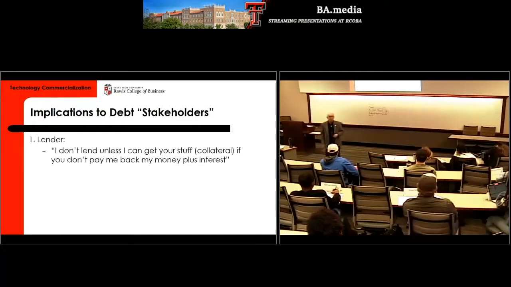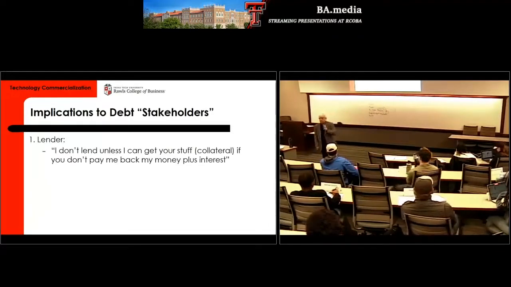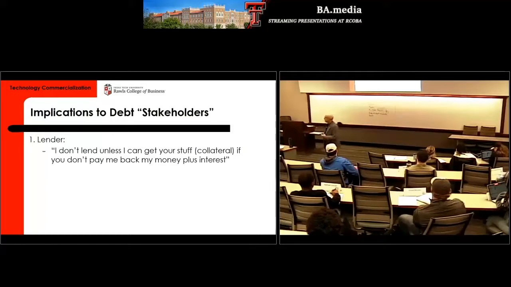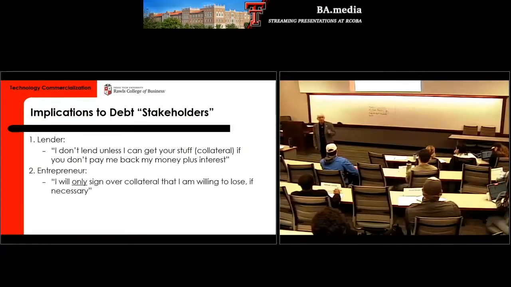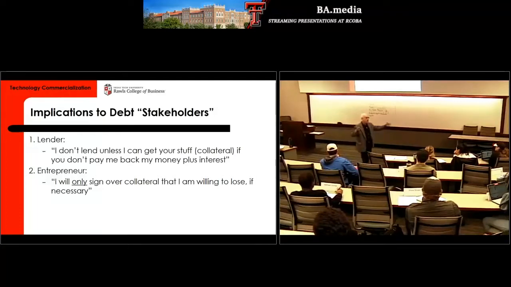And the debt, the lender says, yeah, Brady says, I'm not going to lend you unless I can get your stuff. UCC1. The entrepreneur says, I'm only going to sign up for collateral that I'm willing to lose. Do you remember? Man that said, no way on this unlimited collateral thing. But the Mac computer, yeah, okay.